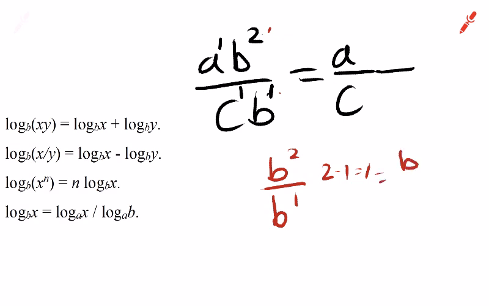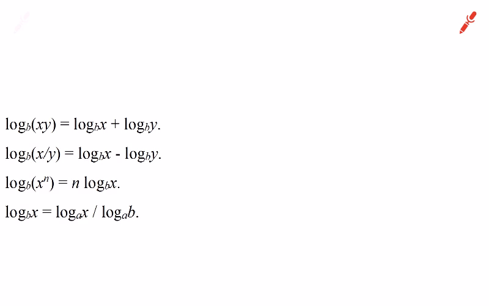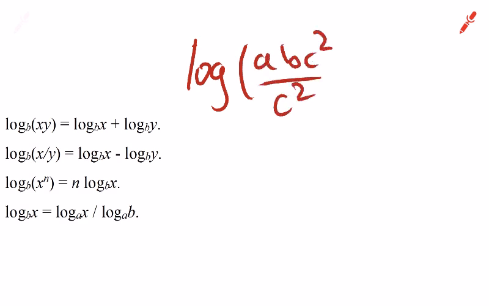I want to do a whole bunch of these. Anyway, I'm going to do the big one real quick, and then you may have to pause as we go through it. Log of ABC squared over C squared. Something big like that.